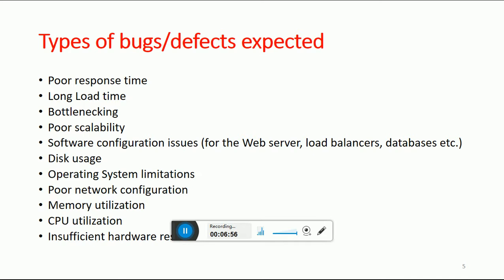They can also showcase software configuration issues such as web servers, load balancers, databases, etc. And also they can find issues related to disk usage, the limitations of the system itself, poor network configuration, software application memory utilization, CPU utilization on the server, and insufficient hardware resources.